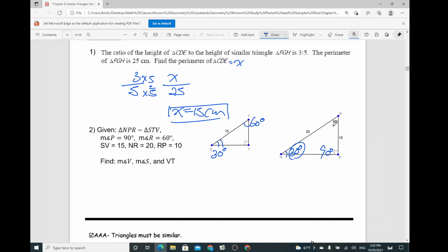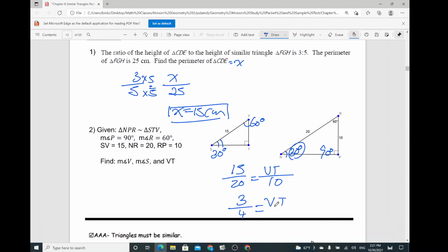So let's set up the proportionality. VS over RN, 15 over 20, is the same as the ratio of VT over RP. RP is 10. For this one, cross multiply or perhaps reduce. 15 over 20 reduces to 3/4.